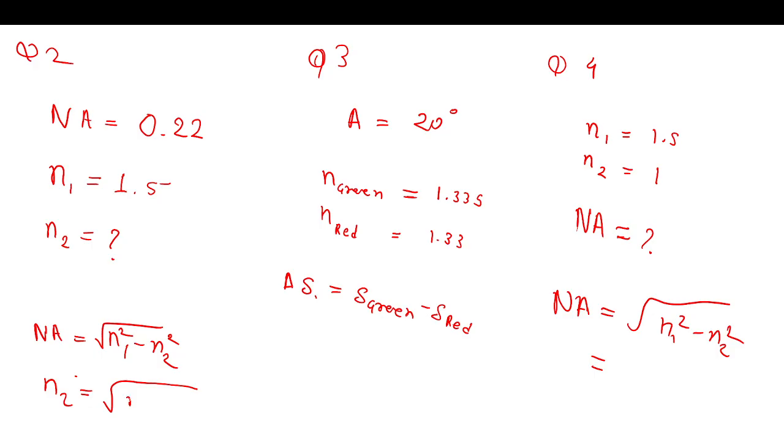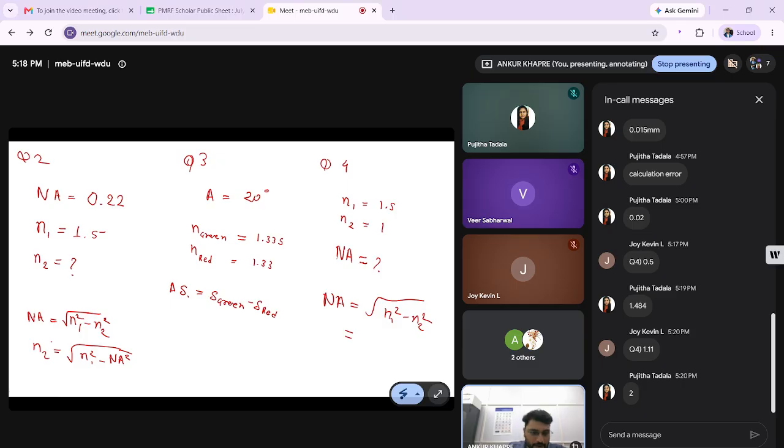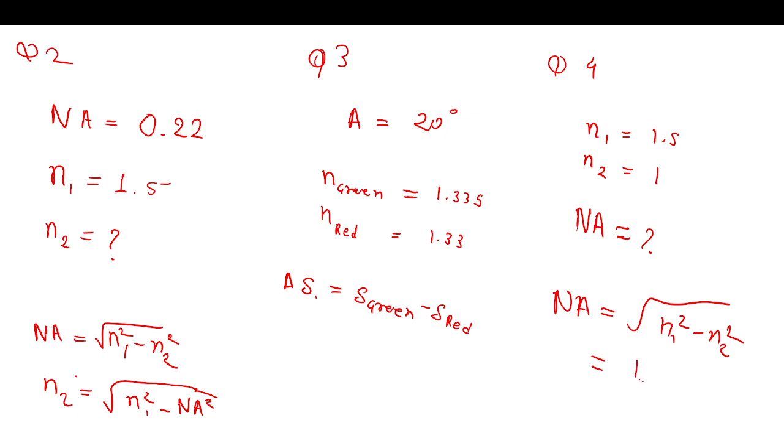So it will become N1 square minus N2 square. This is the way. Similarly here also. So 1.11, yeah, now it is correct.